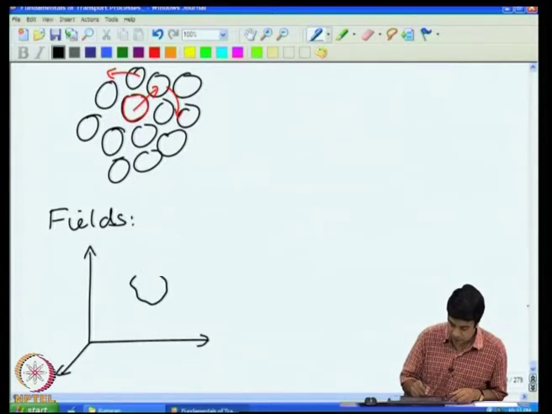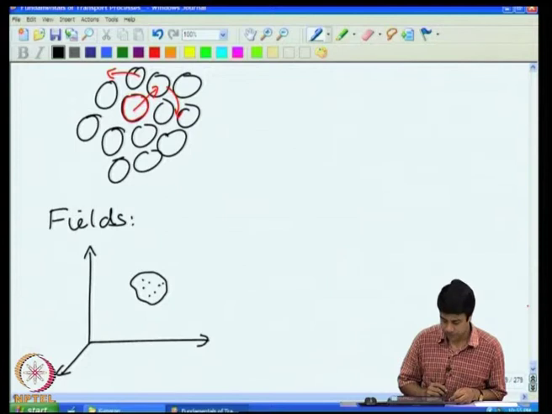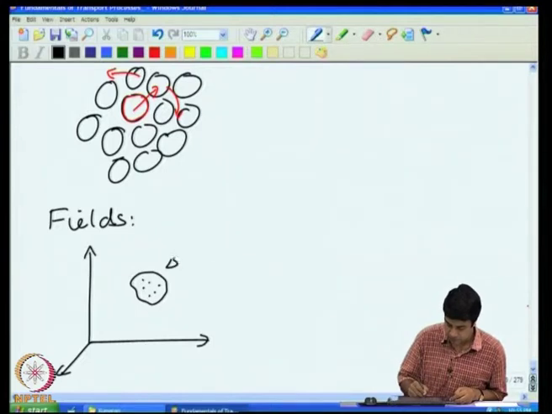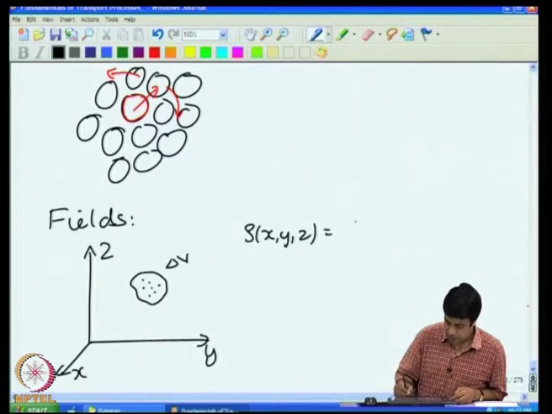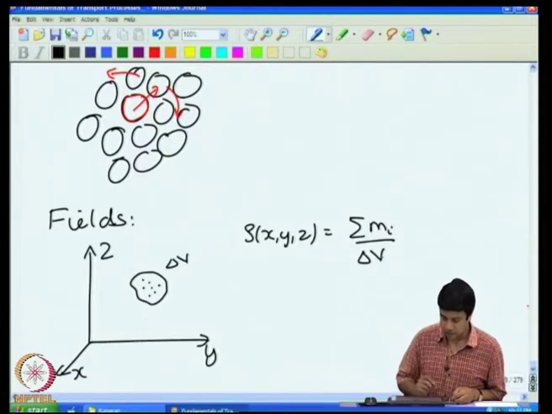At the microscopic level, any volume that you take is made up of molecules. And the density field, for this differential volume delta V, rho at x, y, z, is equal to the summation of the mass of all the molecules within this differential volume divided by the volume itself.